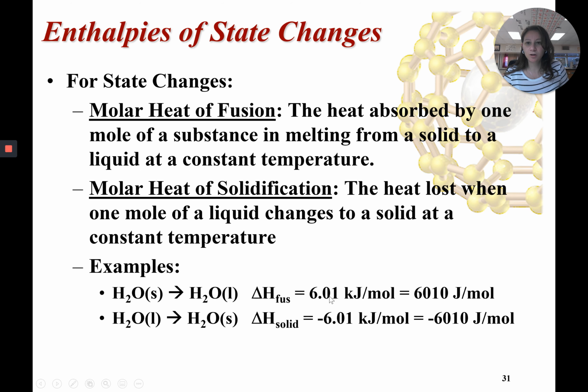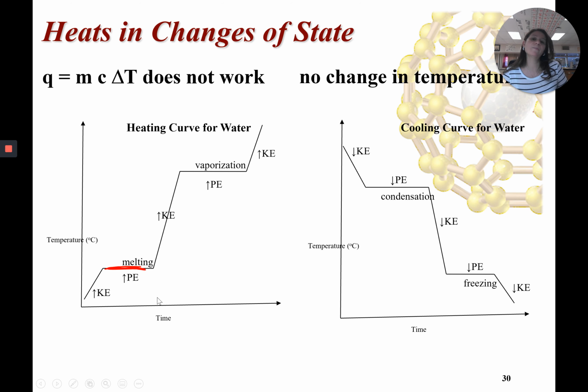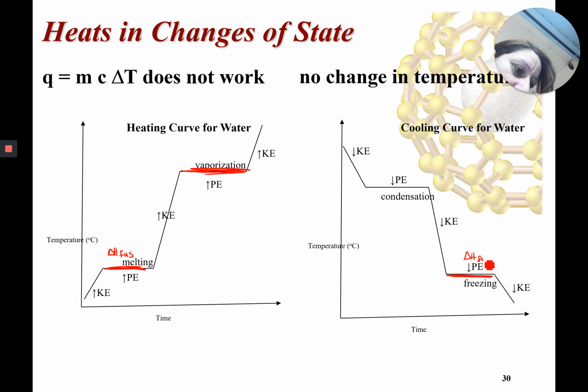So how do we use these? Going back to our cooling and heating curves here, we're going to use molar heat of fusion, and same thing here, molar heat of fusion. Remember, fusion or solidification, I guess.